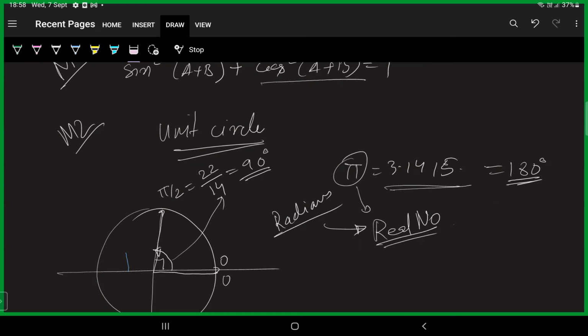So do it fast. And also write the period. What is the period of that function? Do it fast.